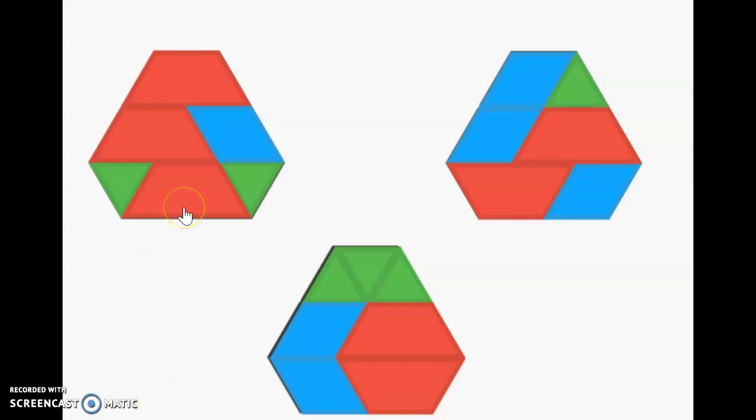So on my first one, I used 3 trapezoids, 2 triangles, and a parallelogram. Over here, I used 3 parallelograms, 2 trapezoids, and a triangle. And then on this last one, I used 3 triangles, 2 parallelograms, and 2 trapezoids. And it's really just playing around and moving shapes around to see what works.